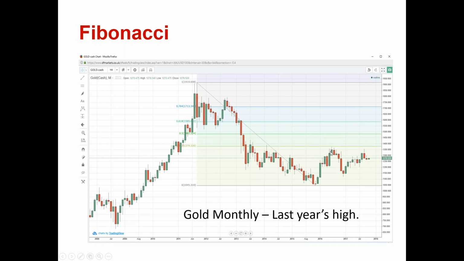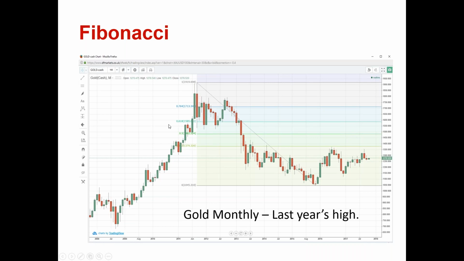Now, the way I use the Fibonacci numbers, and so that says to me gold 1380 is a massive level in gold. 1378 was that high. So 1378 to 1380 is a really big area. And the way I use it is I say, if we see the sellers returning there, I will not be surprised. However, if we do get above there, then I will target the 61.8% retracement, which is 1585.